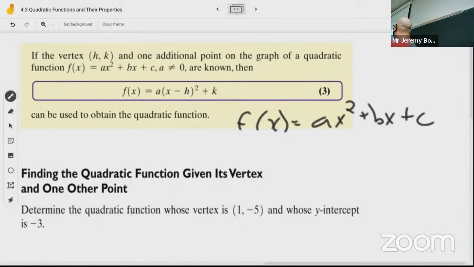So we have f of x is equal to a times (x minus h) squared plus k. What people tend to mess up the most here is this x minus h squared plus k. And I've done it before myself too. I put minus k. Don't do minus k. Plus k.